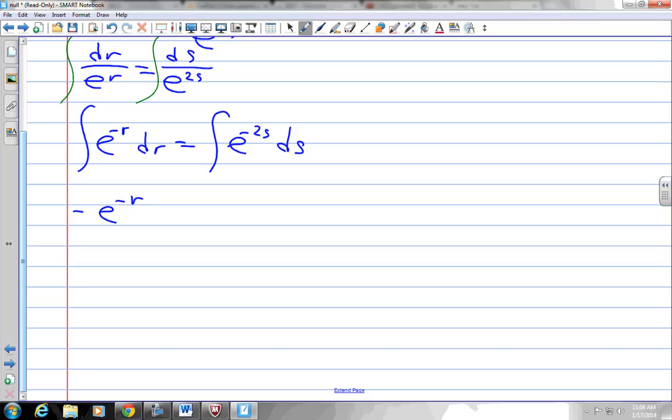Negative e to the negative r. Technically, you need u substitution to find the negative sign in front of the e, but I believe in you. How about the other side? Well, negative 1/2 e to the negative 2s, because you need something to offset the negative 2.